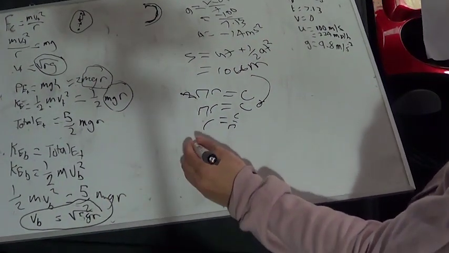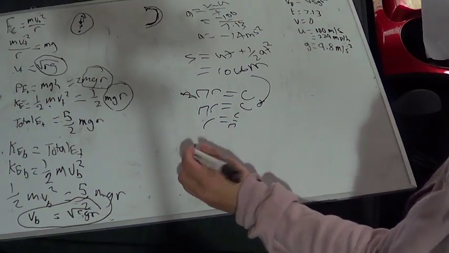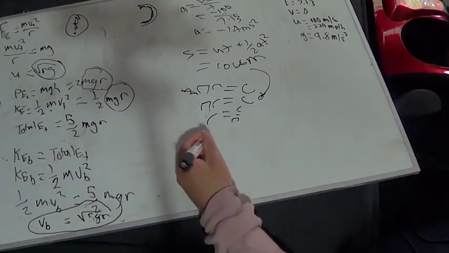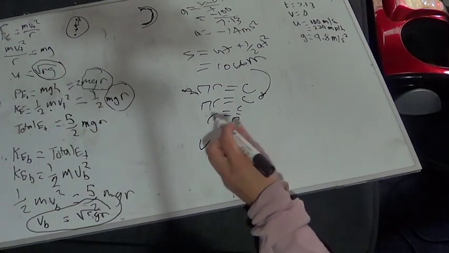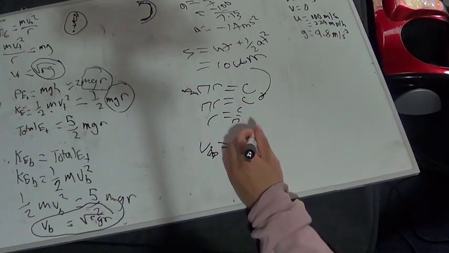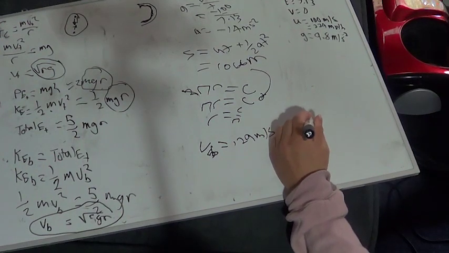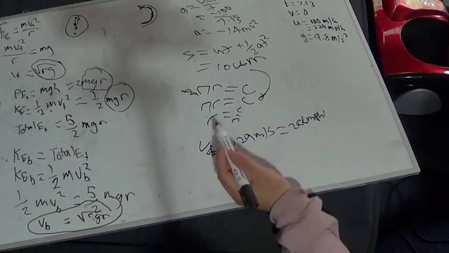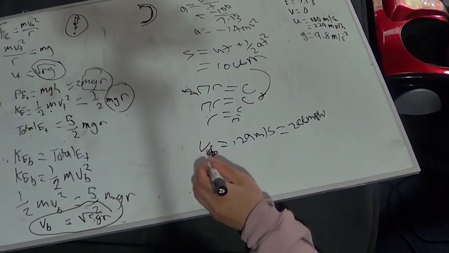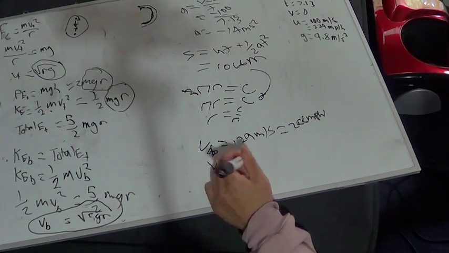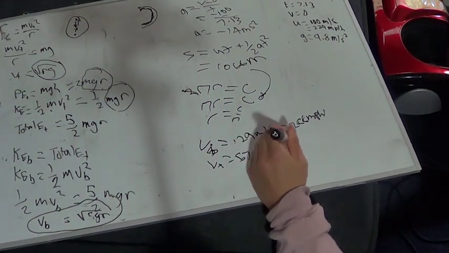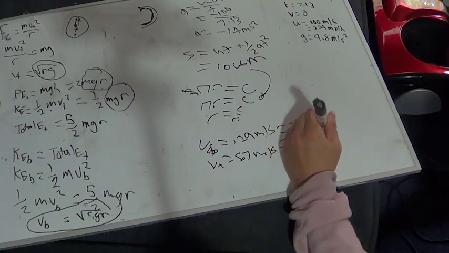So the result: the velocity needed at the bottom was actually 129 meters per second, which translates to 288 miles per hour, and the velocity needed at the top was 57 meters per second, which translates to 127 miles per hour.